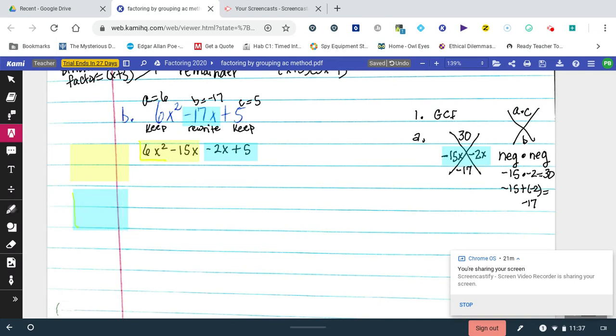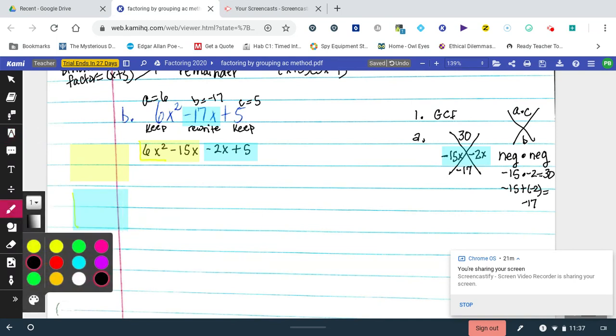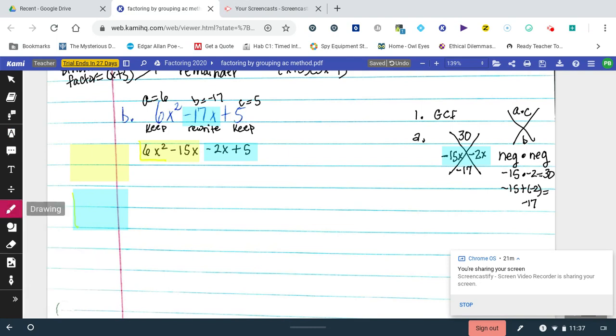All right, so now let's look for the GCF in yellow. GCF, greatest common factor. Between 6 and 15, the greatest divisor is 3, and they both share an x, but don't choose x squared. Choose the one with the lesser exponent. And x is just x to the first. So I'm just going to go with just 3x or 3x to the first. You can keep the understood one if you want to. Divide each piece by 3x to the first power.